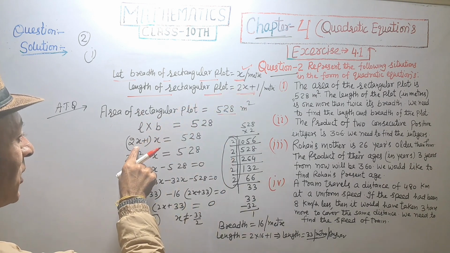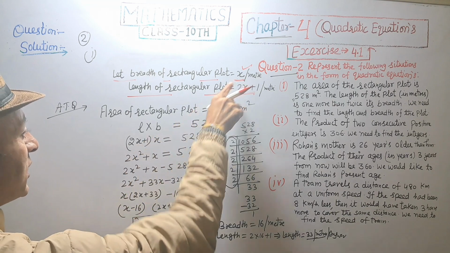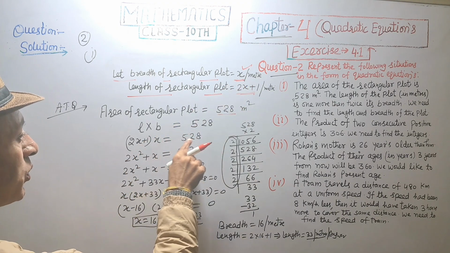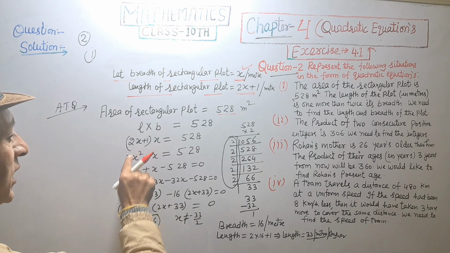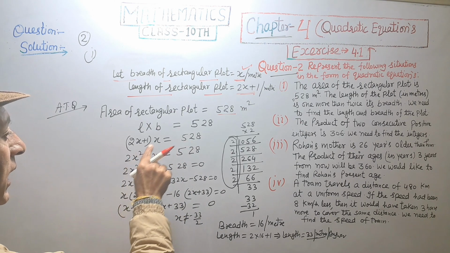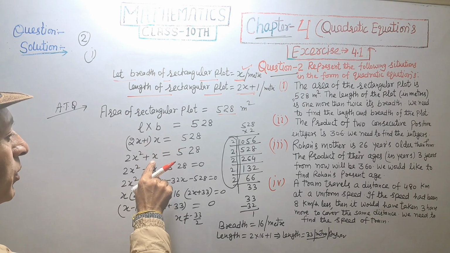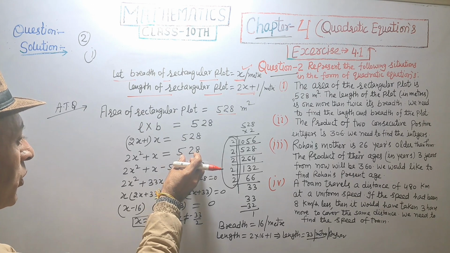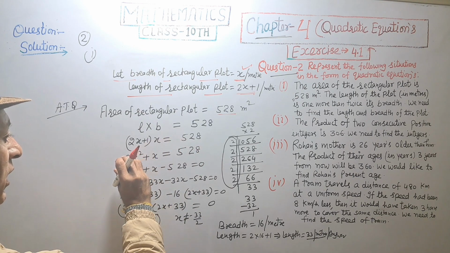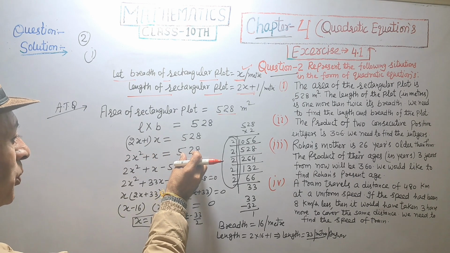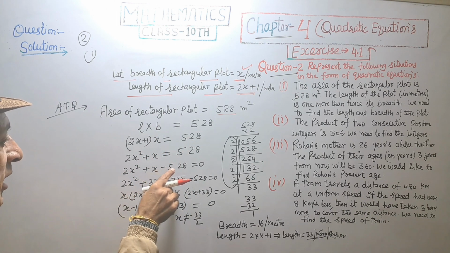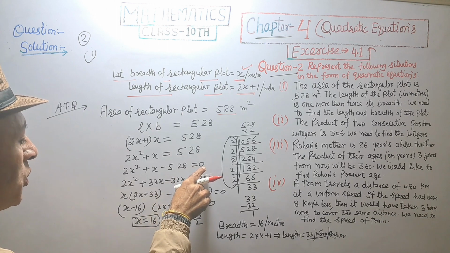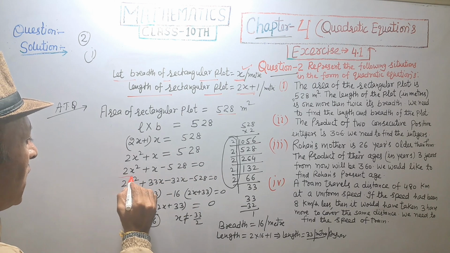Length is 2x plus 1 into breadth x, equal to 528. x multiplied by 2x is 2x square, and x multiplied by 1 is x. The 528 on the right side is positive, so it becomes negative. 2x square plus x minus 528 is equal to 0. So it's a quadratic equation.